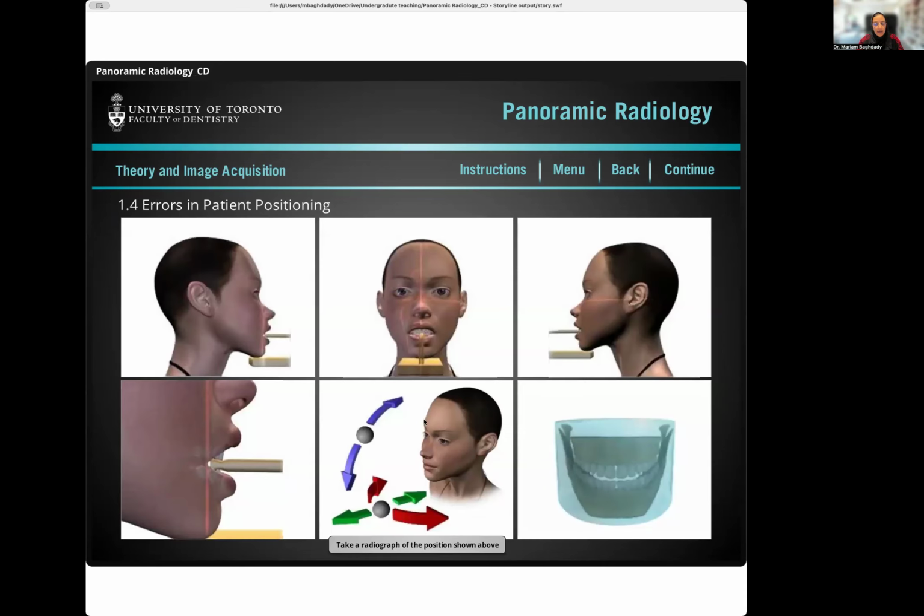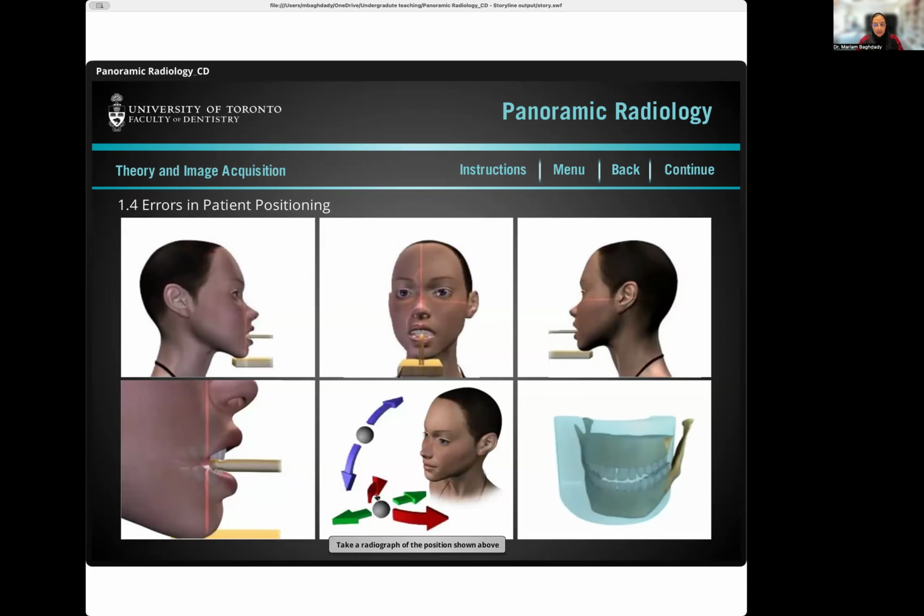And the same thing is going to happen if you rotate to the other side. If you rotate to the other side, the exact same thing happens, but you get magnification and minification on the opposite sides, right? So again, if we look at this here, one side is going to be way too close to the film, and the other side is going to be further away from the film, causing magnification on one side and minification on the other.